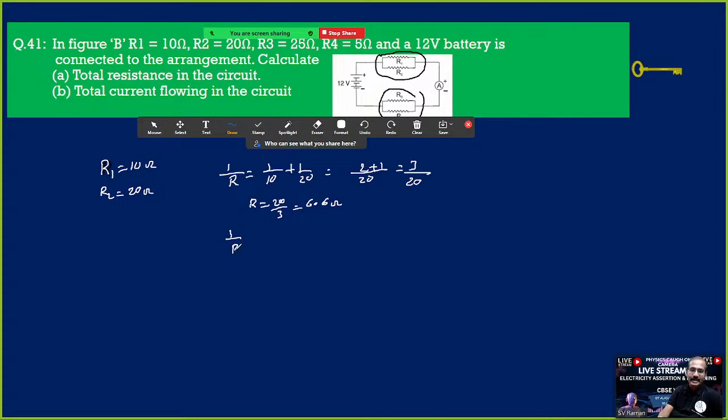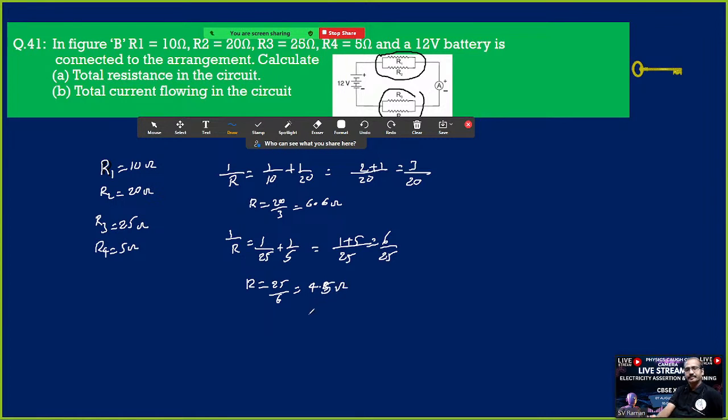So 1 by R is equal to 1 by 25 plus 1 by 5. Again take LCM of 25: 1 plus 5 is equal to 6 by 25. R is equal to 25 by 6, which is approximately 4.3. Let's consider approximately 4 ohms.